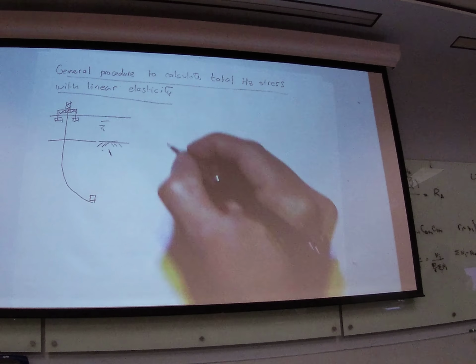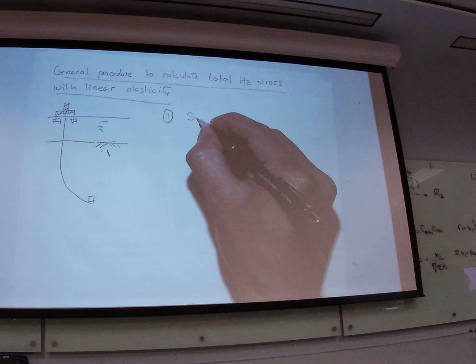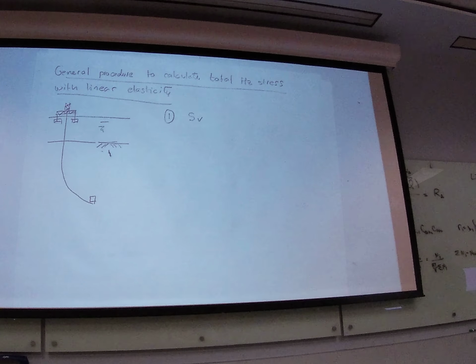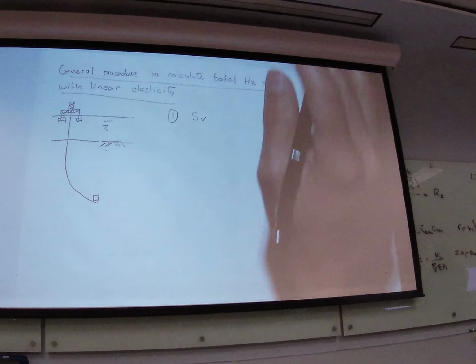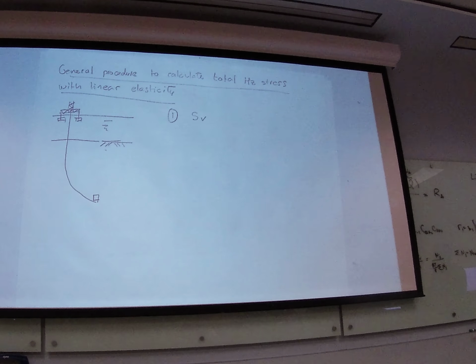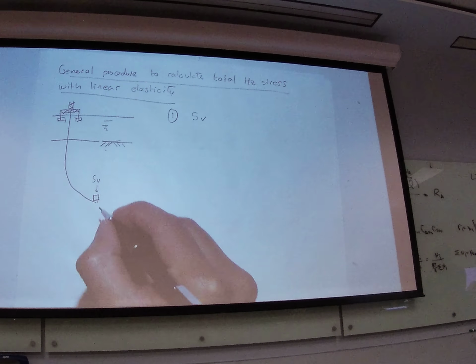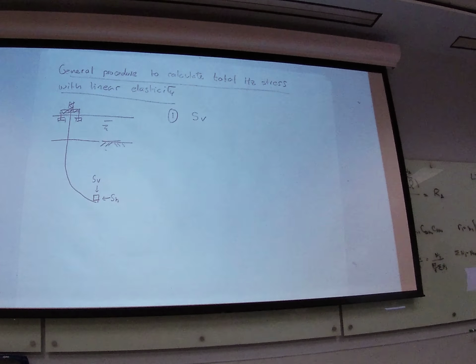The first step, always, is compute SV. You know how to do that. It's all the weight of the rocks and water on top of the particular location in which you want to compute stress. So this one is going to be SV, and our objective here is to compute the horizontal stress.